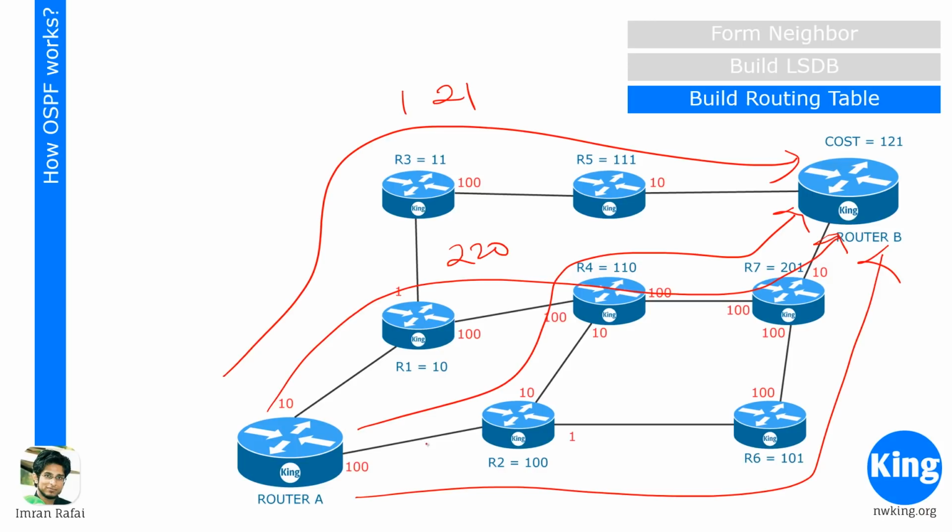If you're going like this, 110, 110 plus 100, 210. And if you're going like this, 100, 101, 201, 211. Between these, 121 is the lowest, and that's why the cost of going to router B is 121.